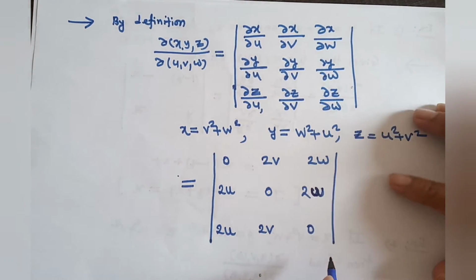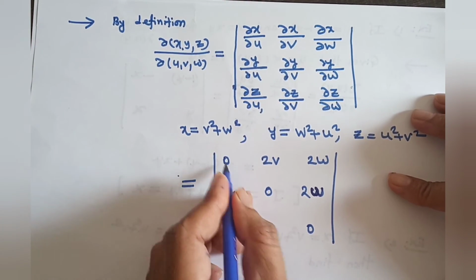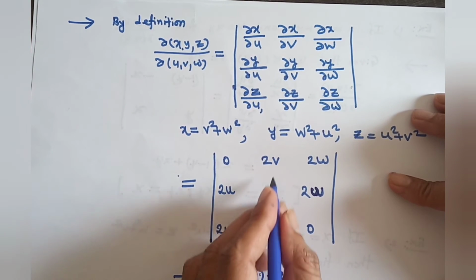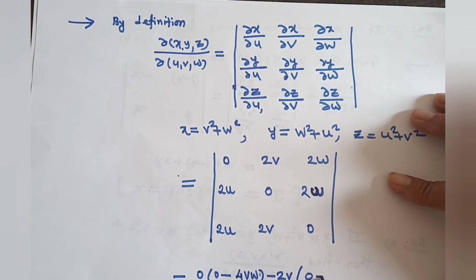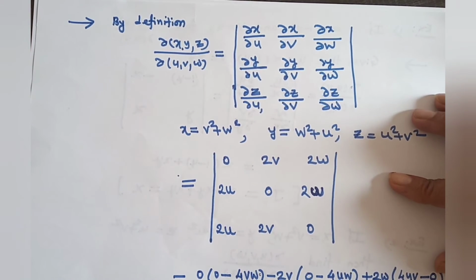Now solve this determinant. So how to solve this? 0 into this, 4vw minus 2v into 0 minus 4uw, plus 2w into 4uv minus 0, and the value of this is equal to 0.